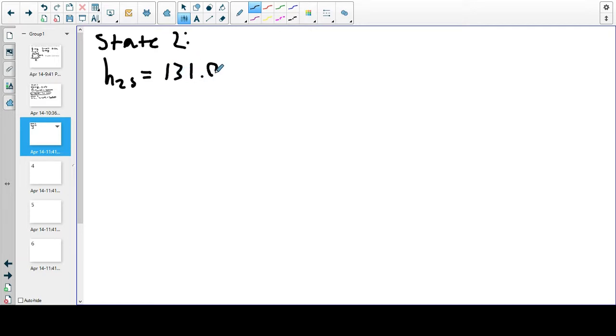Sorry if I got a little behind the video there, but at any rate, once you find that, you can go into the superheated tables and find that h2s is equal to 131.04, using the entropy value you got from the first state, the perfect state.